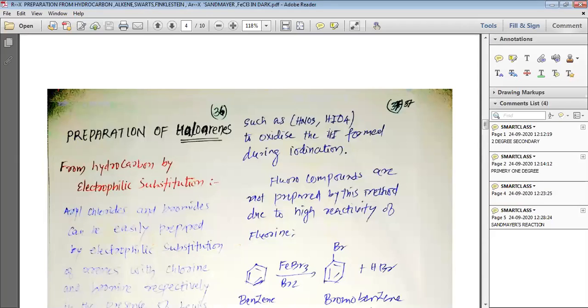This nitric acid and periodic acid oxidize the byproduct HI to iodine, and this is how, according to Le Chatelier's principle, the byproduct is removed from the reaction mixture, and we can get maximum product. So this is how, my dear students, we can understand the preparation of the various compounds.